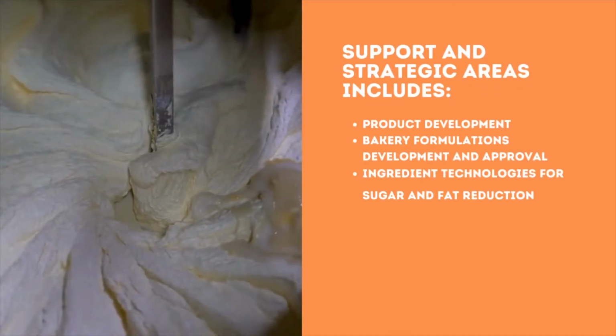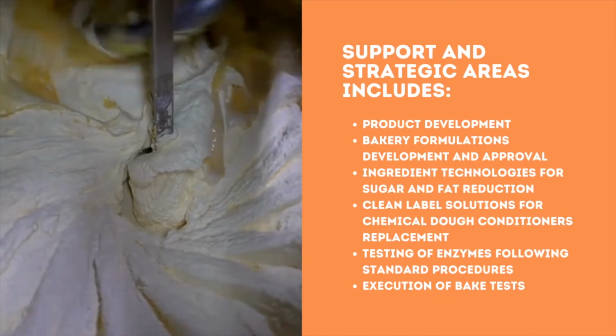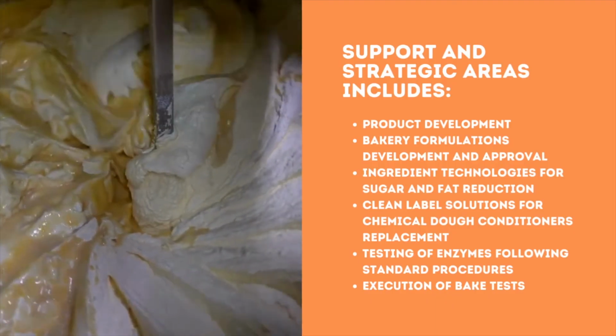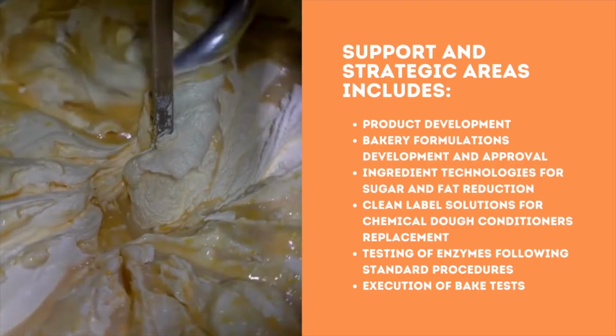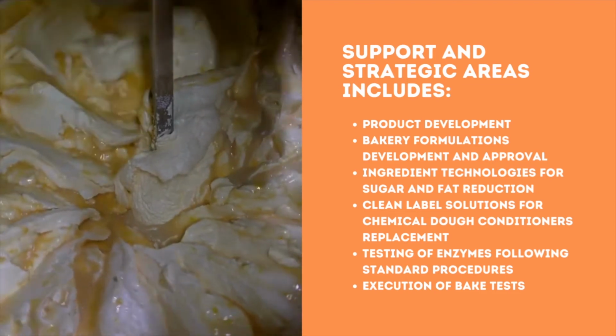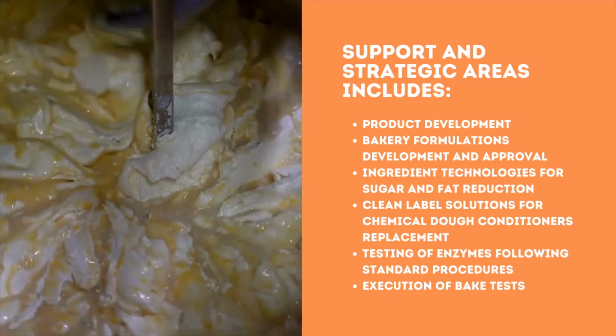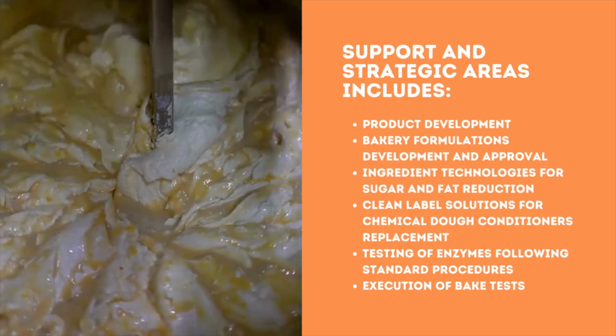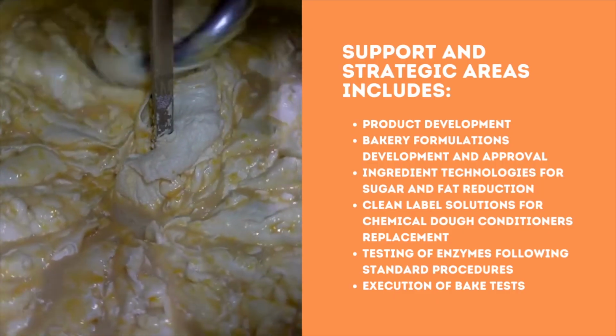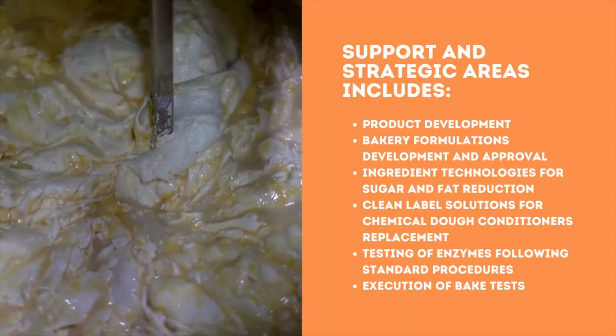This covers product development, bakery formulations development and approval, ingredient technologies for sugar and fat reduction, clean label solutions for chemical dough conditioners replacement, and testing of enzymes following standard procedures and execution of bake tests.